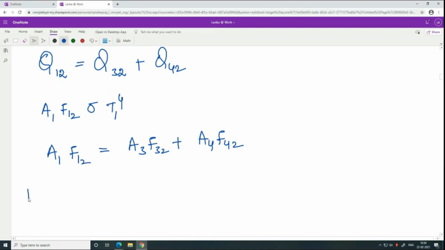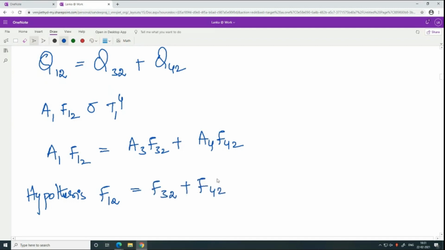Your hypothesis is what you have written: F12 is equal to F32 plus F42.